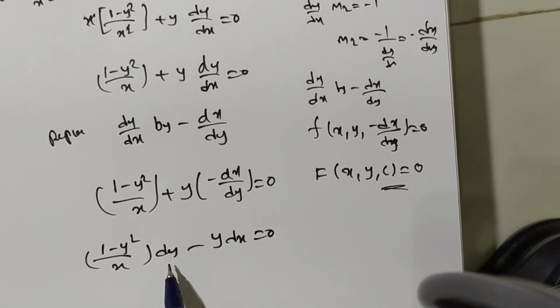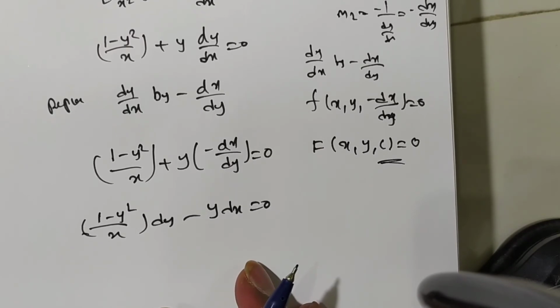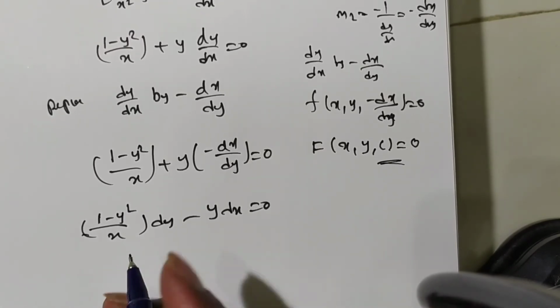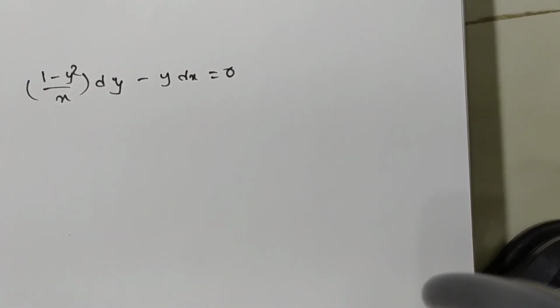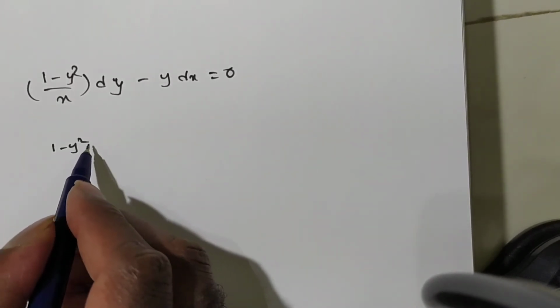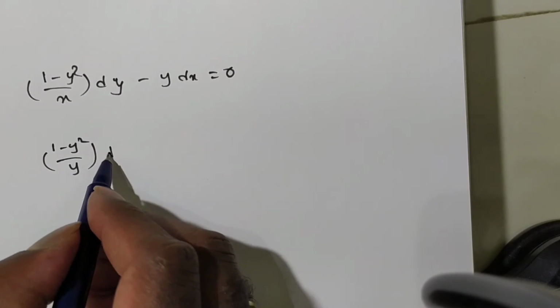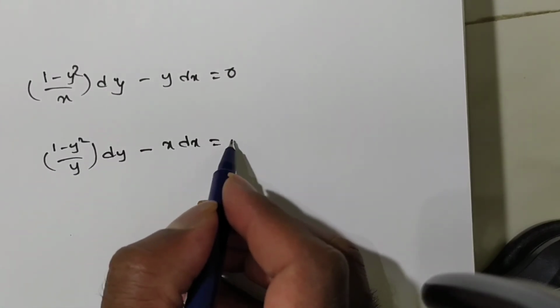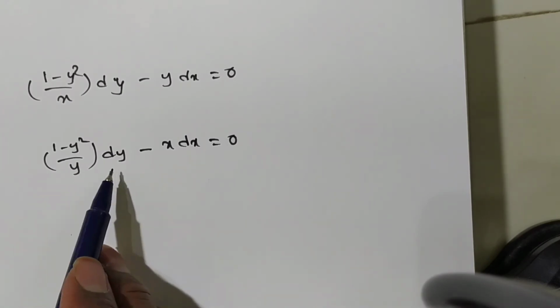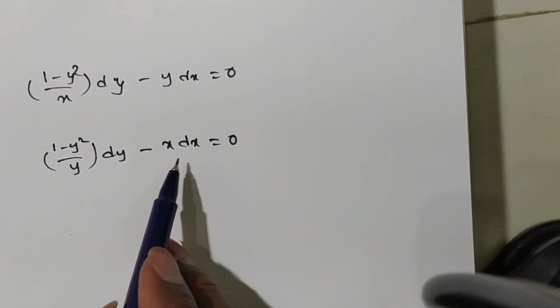Generally the dy coefficient should be a y term and the dx coefficient should be an x term, then only can you integrate both sides. So (1 minus y²)/y dy minus x dx = 0. Now dy's coefficient is a y term and dx's coefficient is an x term.